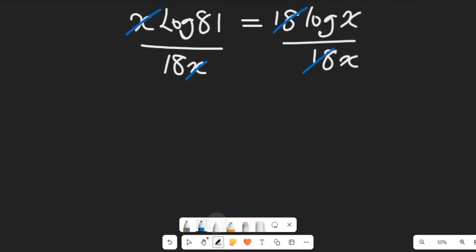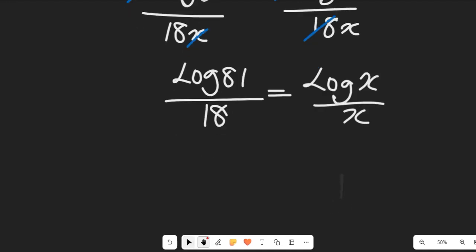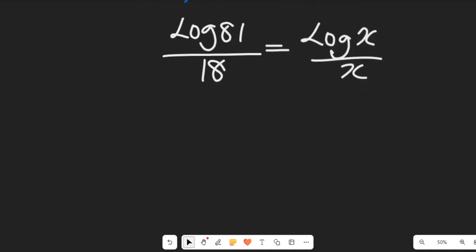And what do I have? I'll have the log of 81 divided by 18 equal to the log of x divided by x. Great. So what do I do here? I want to recall one given law of logarithm. I'm going to simplify this.